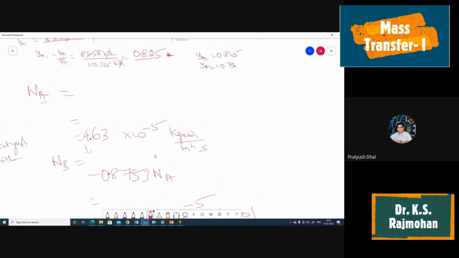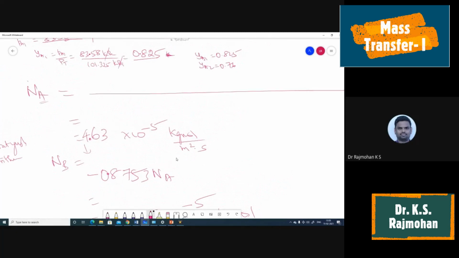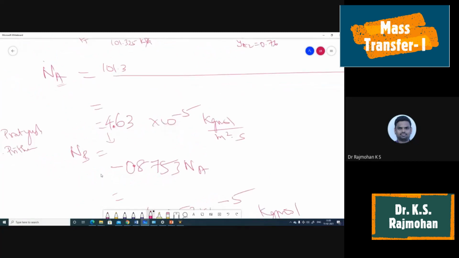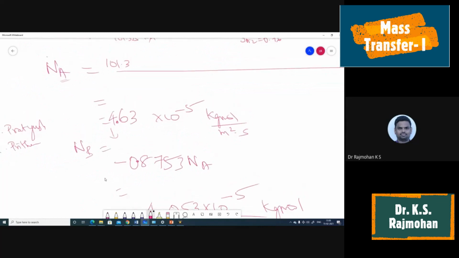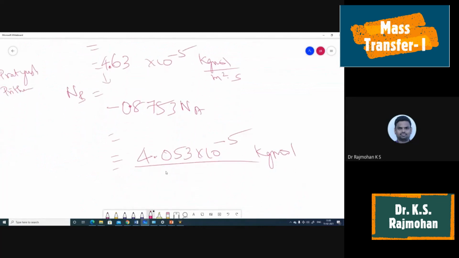Anybody else getting the answer? You can tell me. Meanwhile, I'll write the substitution here. Show the unit tally also. NA value. Okay, fine. NB, okay. 4.07 into 10 power minus 5.